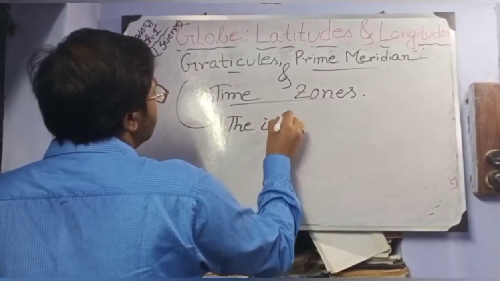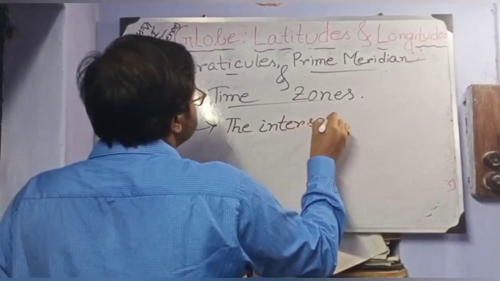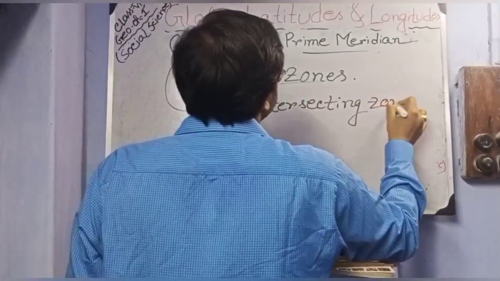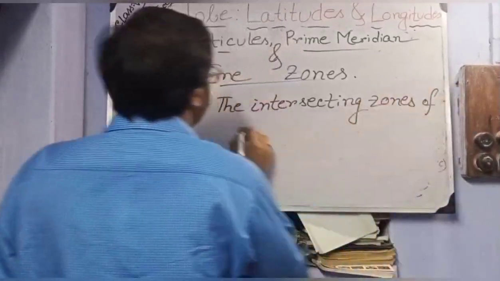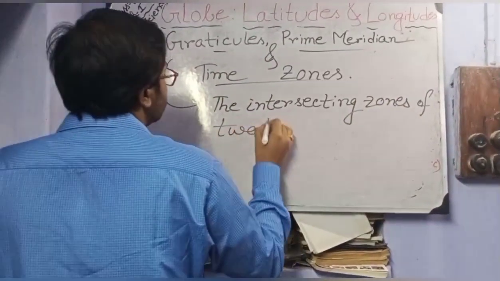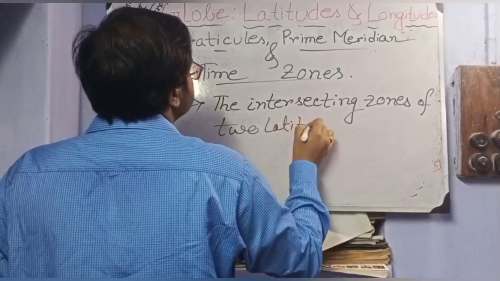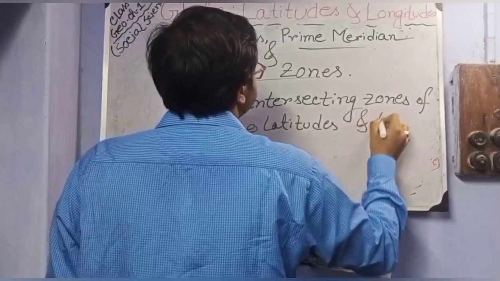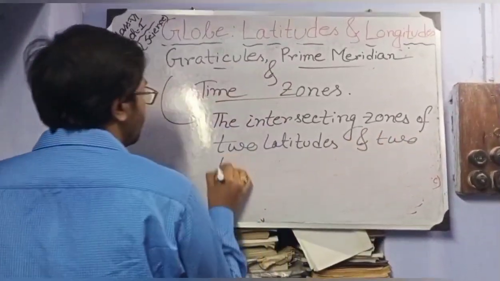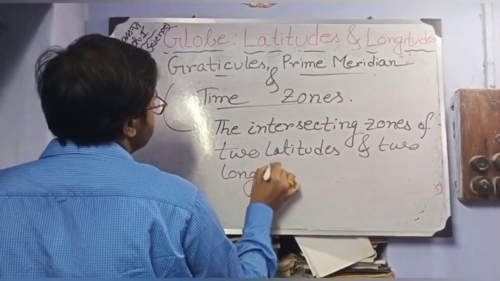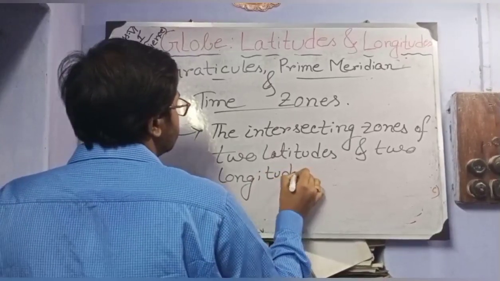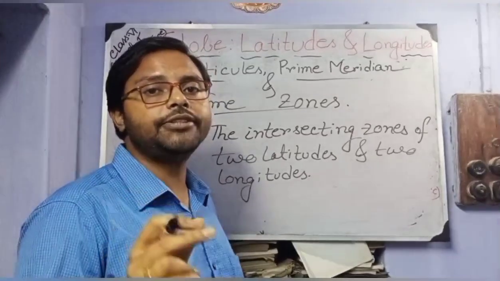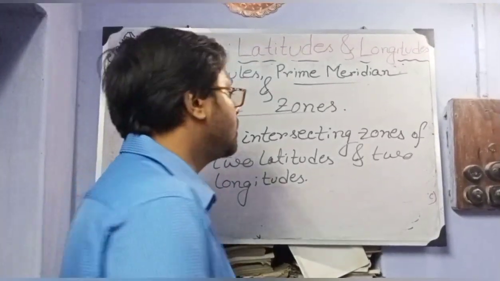The intersecting zones of two latitudes and two longitudes. The intersecting zones of two longitudes and two latitudes are known as graticules.